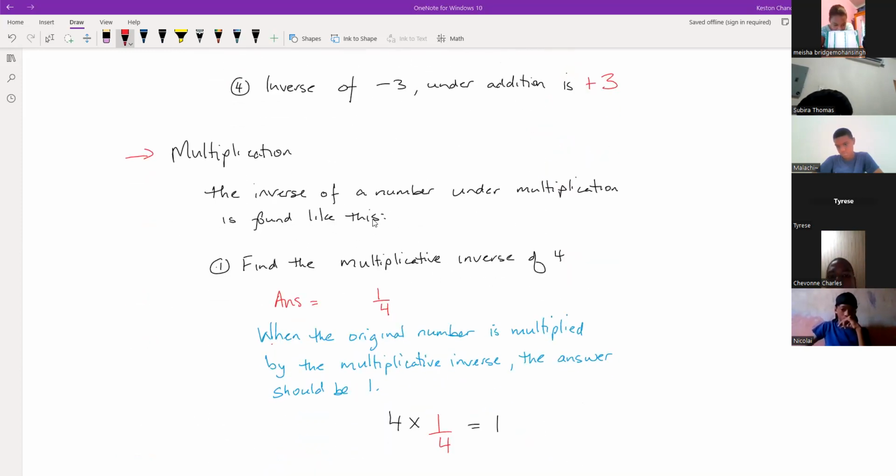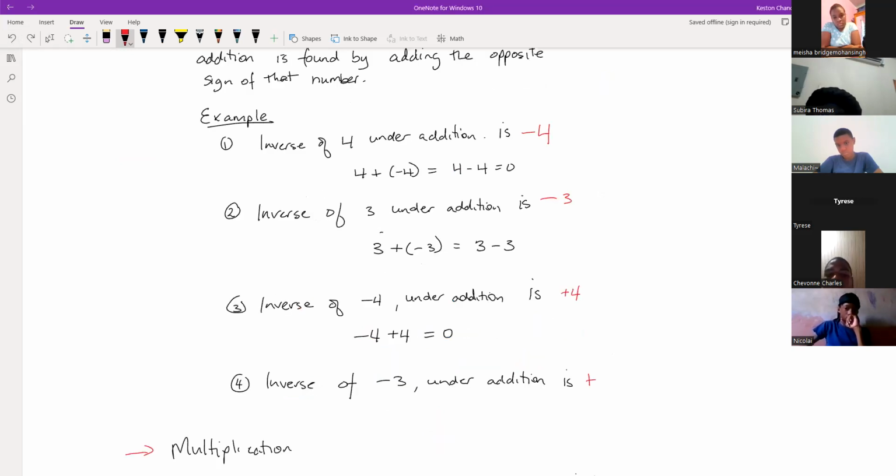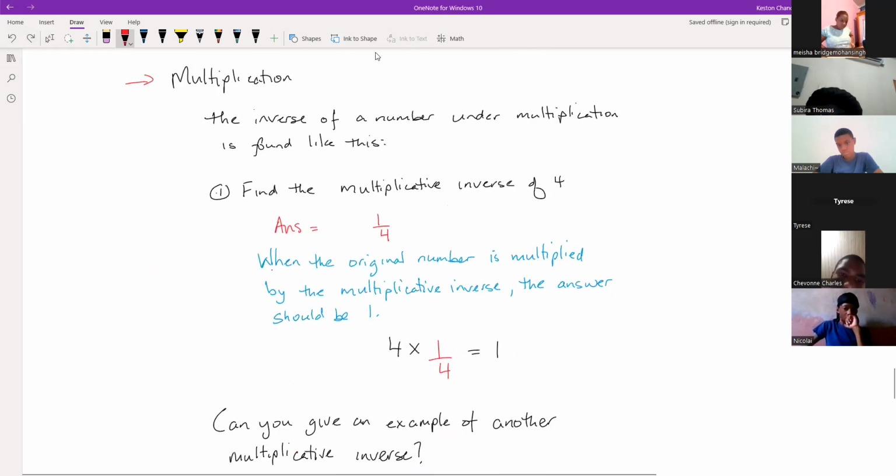Multiplication now. The inverse of a number under multiplication is found by flipping the number. If we start with 4, the inverse of 4 under multiplication will be a quarter.